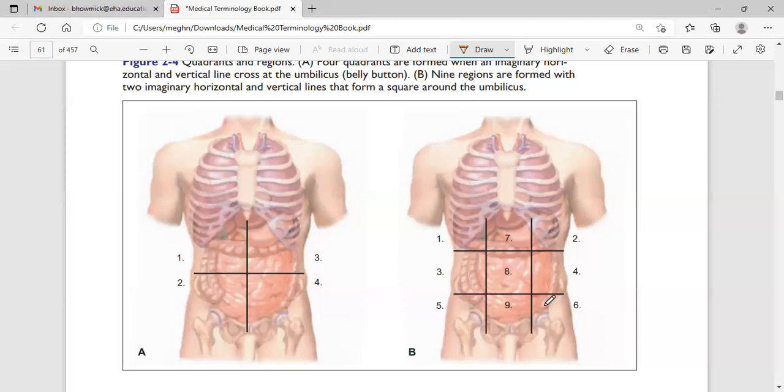And on the left side we call it the left iliac area, the lower left region located near the groin, also called the left inguinal region.